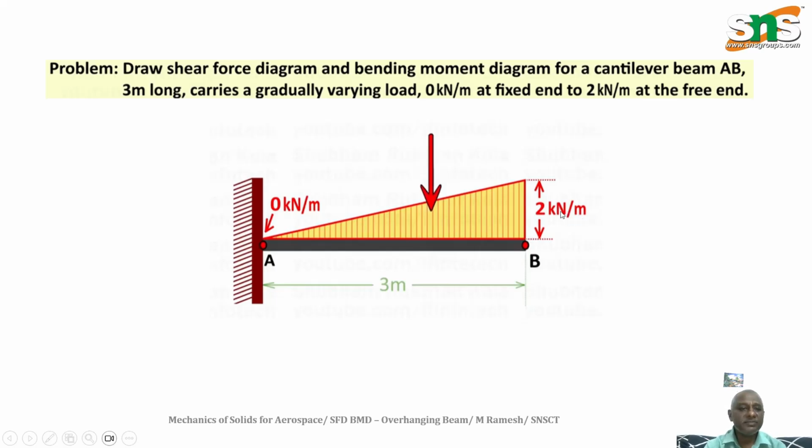So what is given here? Let's see the problem. We have to draw the shear force diagram and the bending moment diagram for a cantilever beam AB, which is 3 meter long, carries gradually varying load, that is 0 kN per meter at the fixed end to 2 kN per meter at the free end. So that is the given problem.